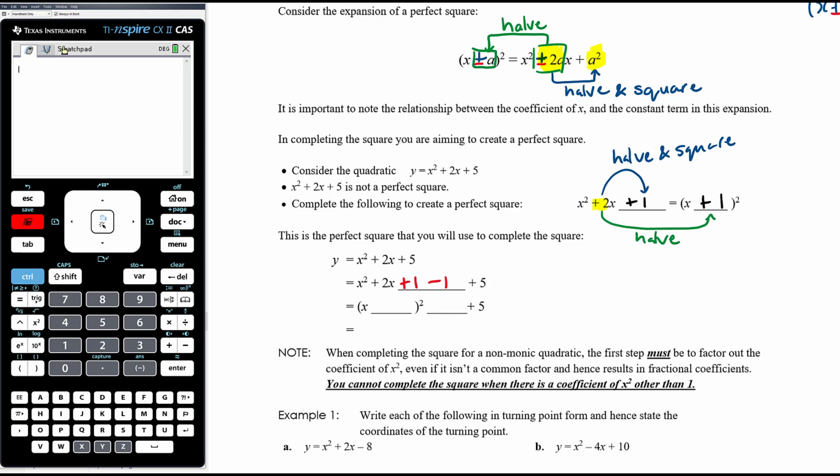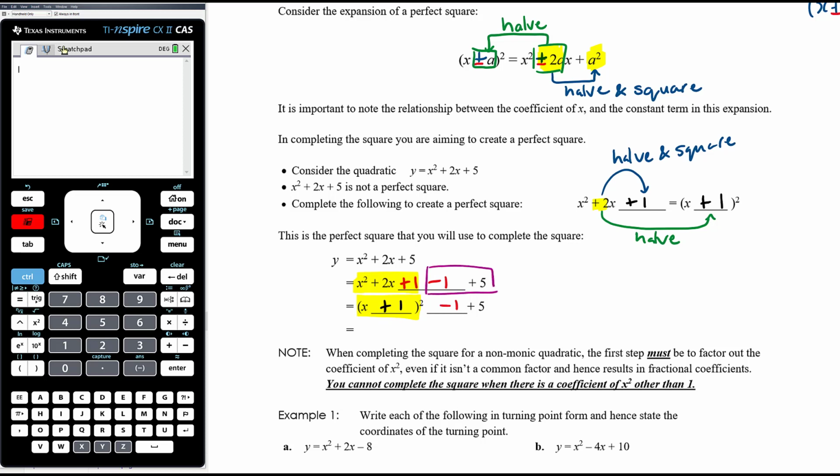But what this enables me to do now is to focus on the perfect square, which becomes that. So x squared plus 2x plus 1, we know becomes x plus 1 all squared. And then outside of there, we still have this bit. So we now have these bits together out here, a minus 1 and a plus 5.